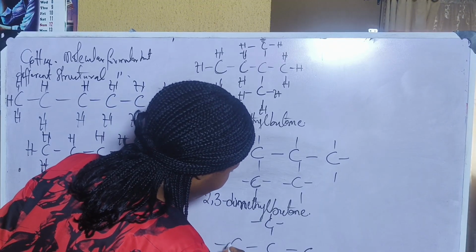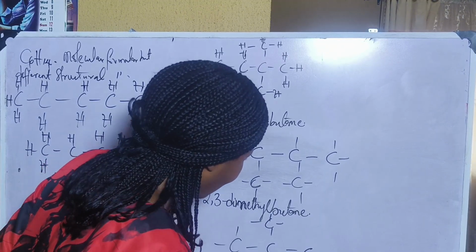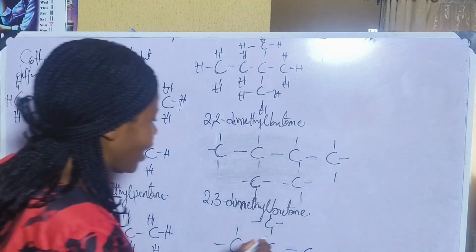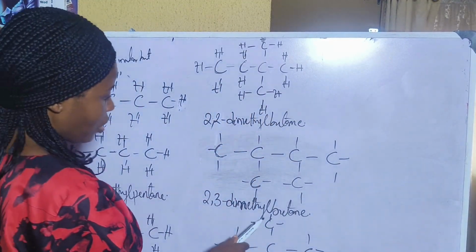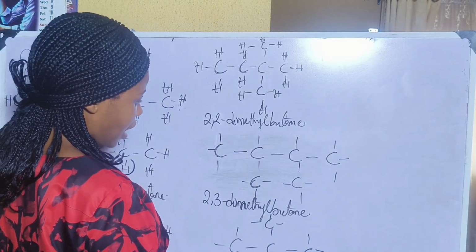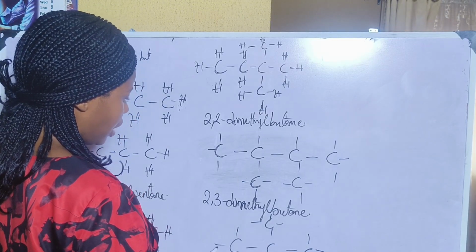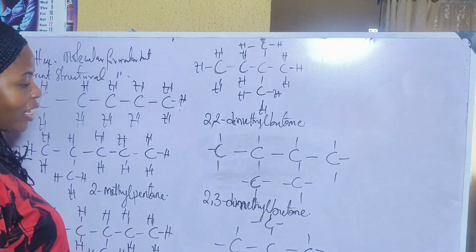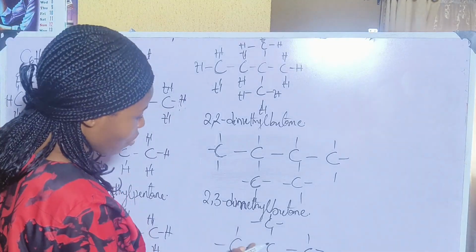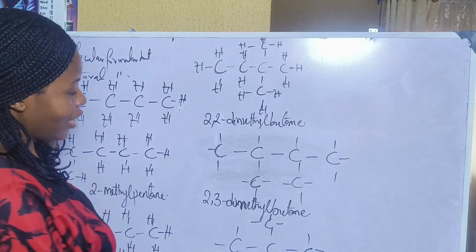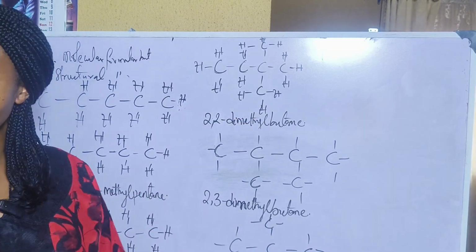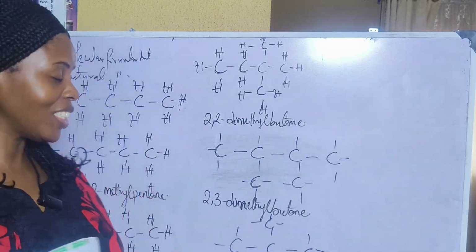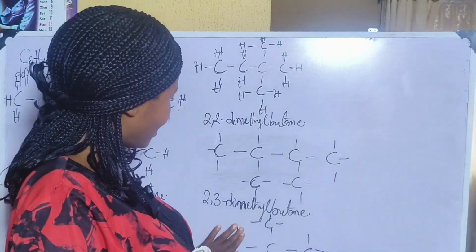At the end of the day, my longest carbon chain will be 4, on carbon 2, 2, which is 2,2-dimethylbutane. I'll be getting back what I've already gotten. So that's why I will end here.